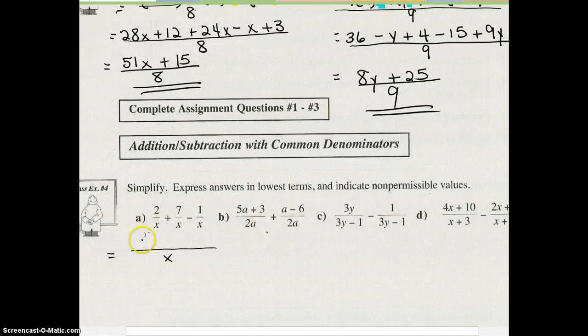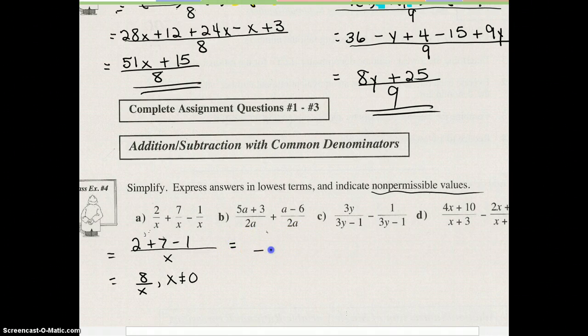So all I do is add the tops. 2 plus 7 minus 1 equals 8 over x. That is the answer. But because we have an x on the bottom or an unknown on the bottom, we need to write our non-permissible values. We need to let us know what is not acceptable, and of course in this case x cannot equal 0, so we have to throw that in these particular examples.